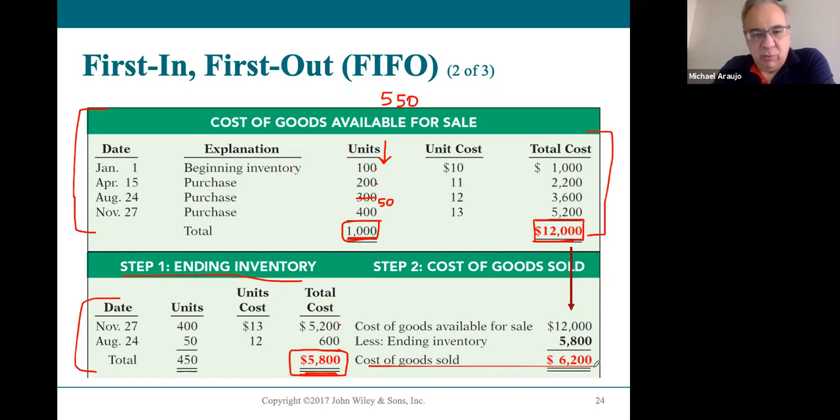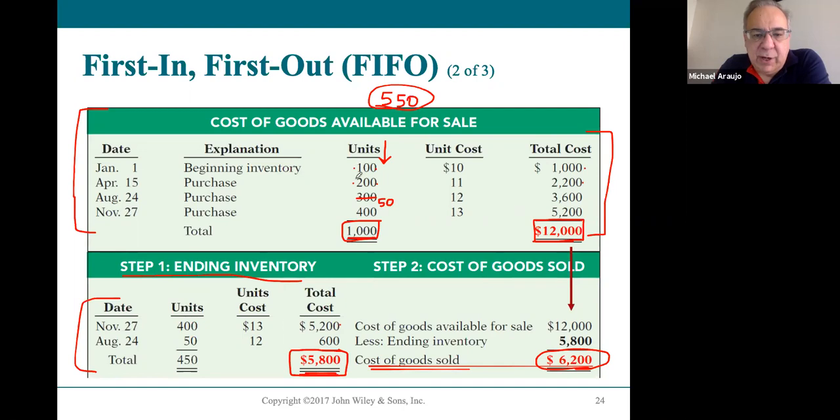Let me show you how to check whether this number is correct. Okay, and you all know how to prove your answers, right? So the cost of goods sold is the total of all the ones that have been sold. So of the 550, this 100 has been sold. So it's $1,000 to start. 200 is also sold.